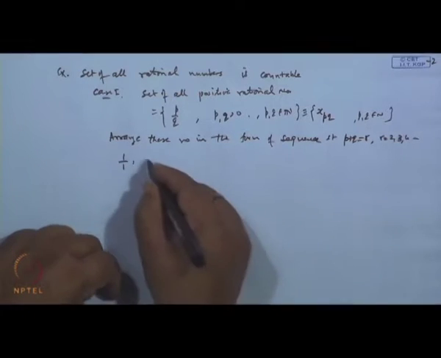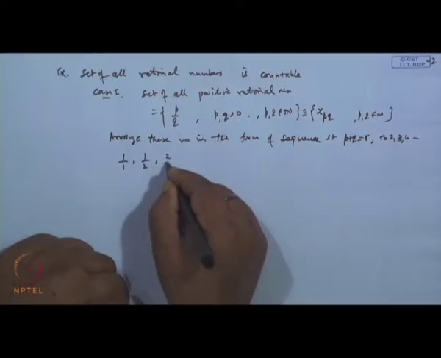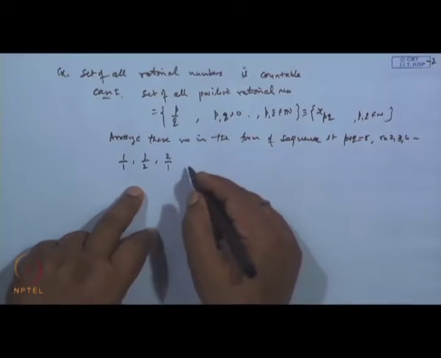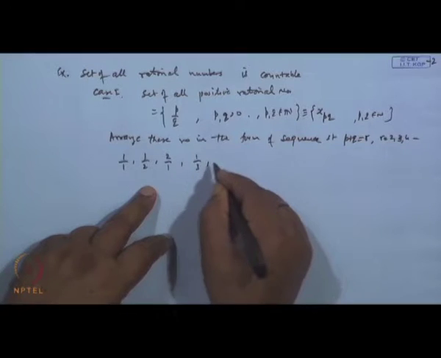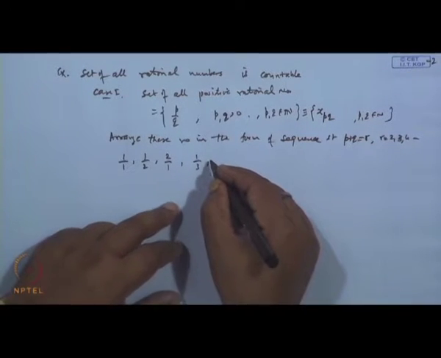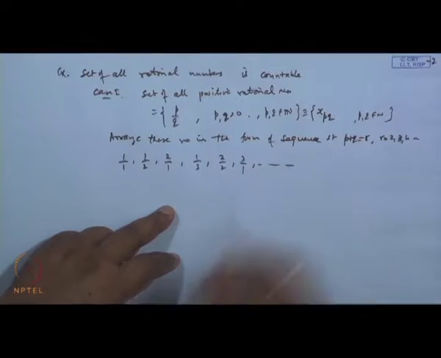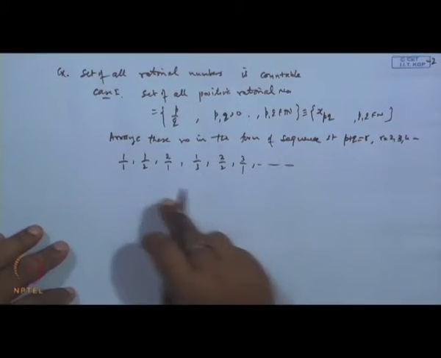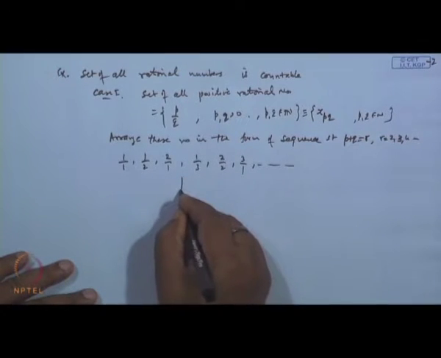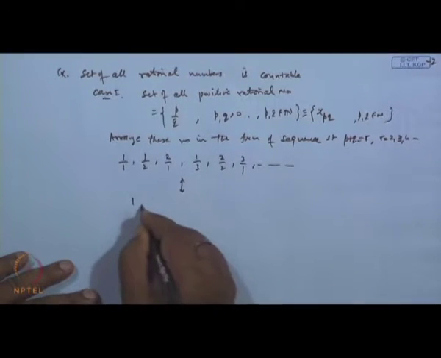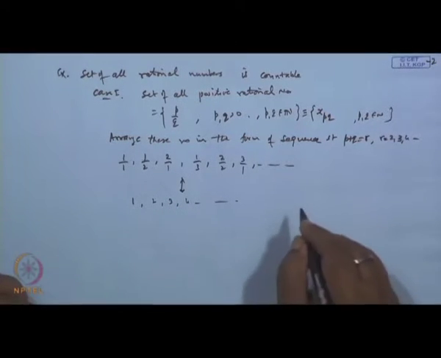Then 1 by 2, 2 by 1, so the sum is 3, and then we can go 1 by 3, 2 by 2, then 3 by 1 and continue this. So, it has a 1 to 1 correspondence with the set of positive integers 1, 2, 3, 4 and so on. So, it is a countable set.